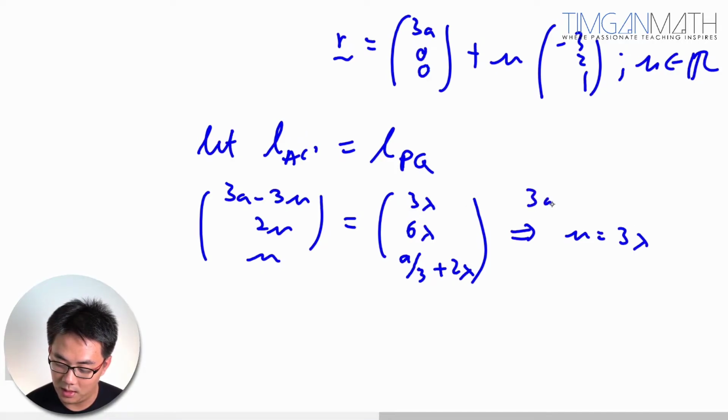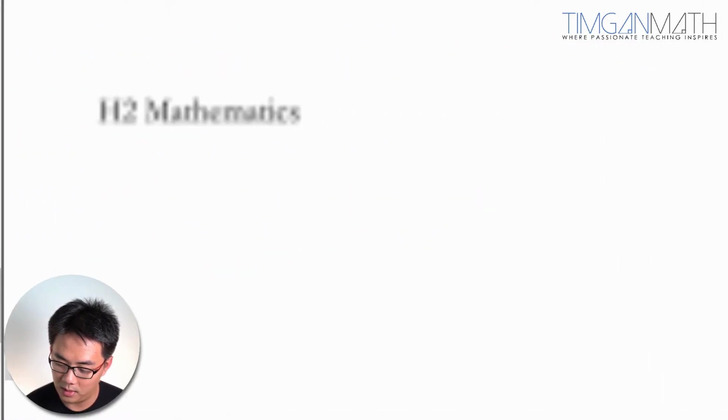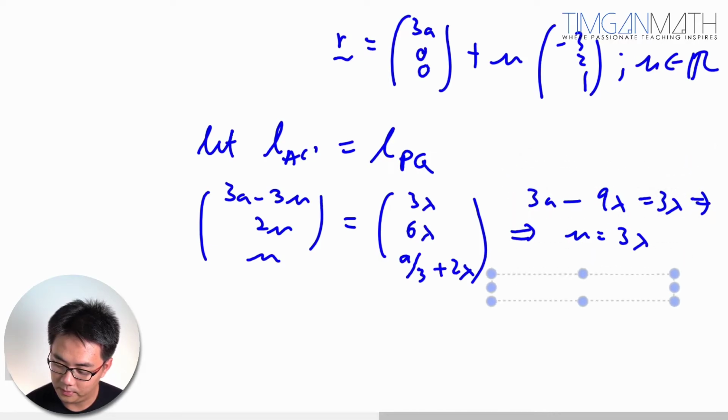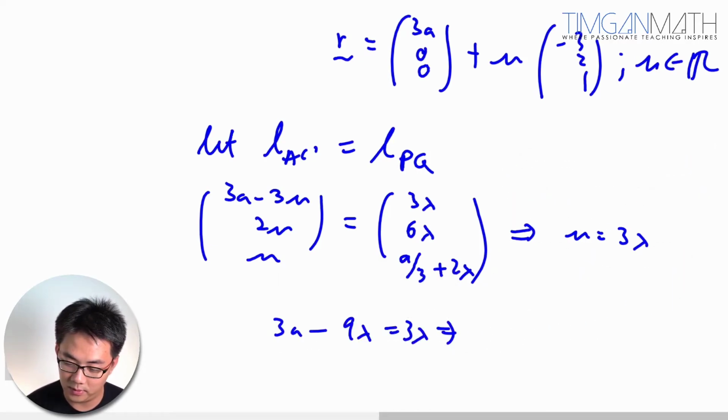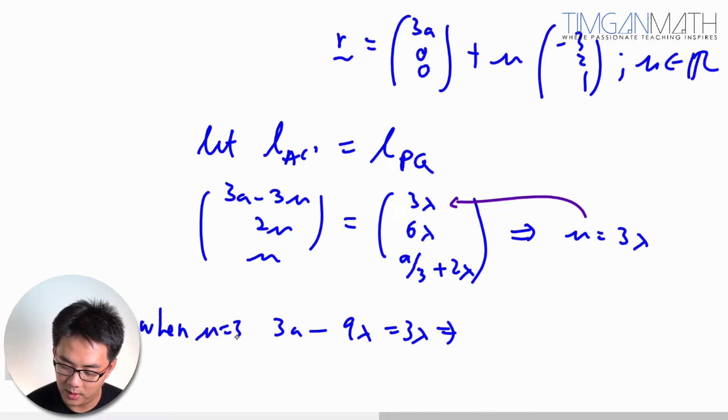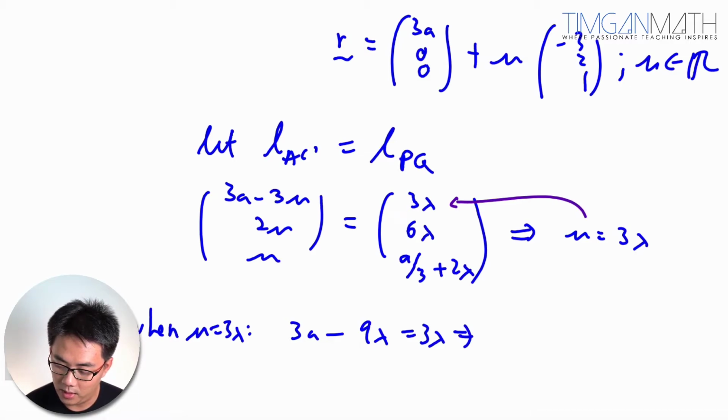So this is 3a minus 9 lambda equals 3 lambda. This will yield this one; substitute into the first one, you get this one here, right? So when mu equals 3 lambda, you get 3a minus 9 lambda, 3 lambda, so this will be 12 lambda.